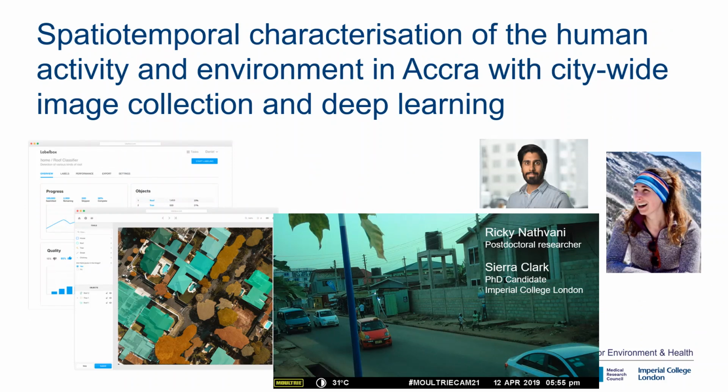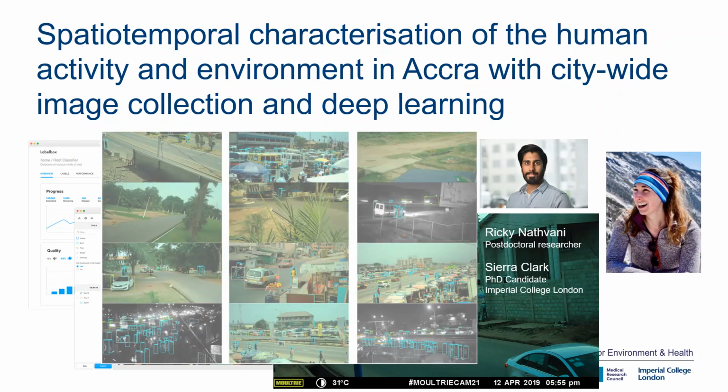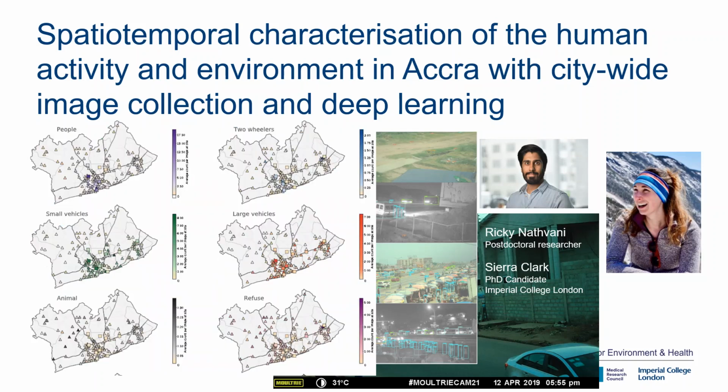Another study led by Ricky Nathwani and Sierra Clark looks at extracting features from street view images collected by Sierra Clark as part of her PhD. From this, the authors were able to hand label these images, which are specific to Accra, Ghana, and collect new labels for things such as chocho, which have never been seen before by traditional computer vision algorithms.